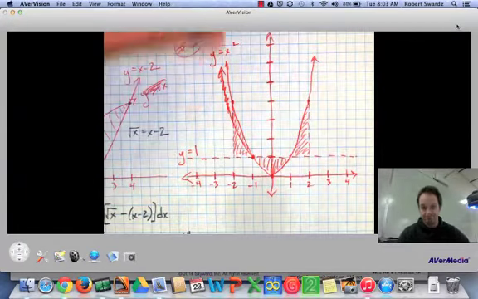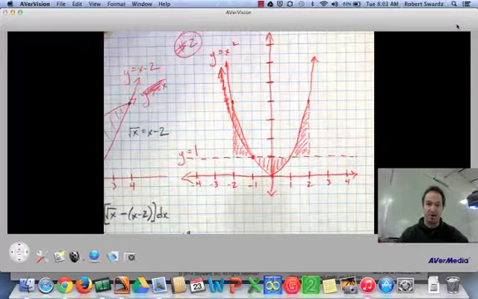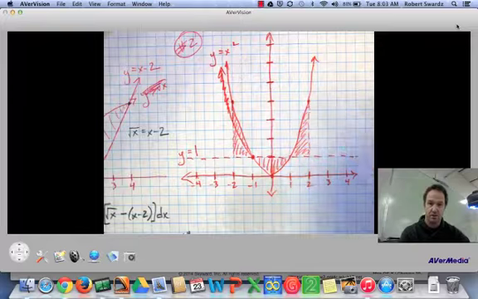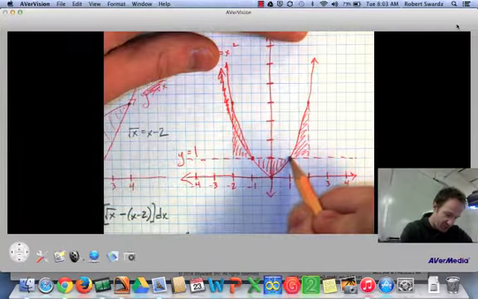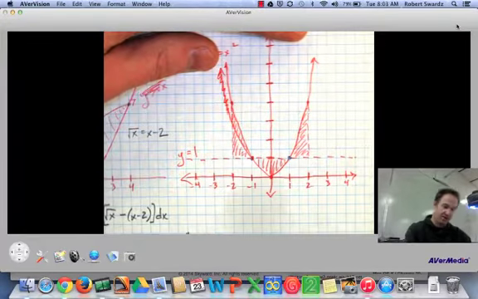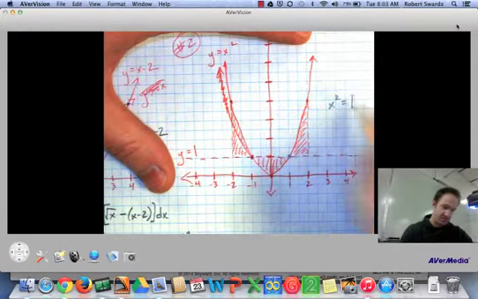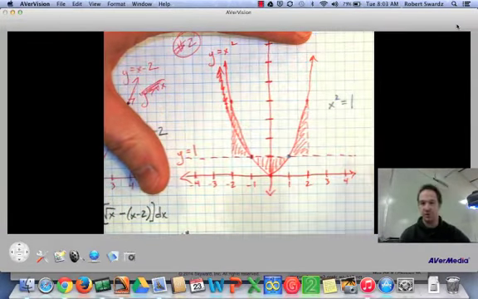So there's going to be a couple of different integrals that we have to set up here because the top and the bottom functions are not always the same. In fact, they switch twice. Again, if it wasn't obvious where these crossed, you could just set x squared and 1 equal to each other and solve.